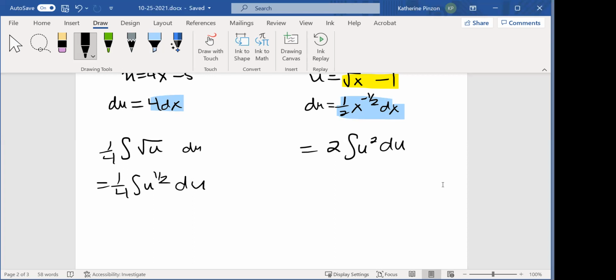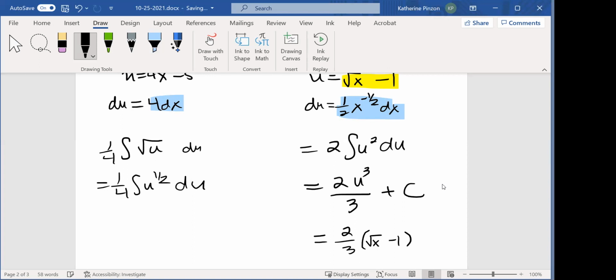The right-hand side is easy, right? Let's do that one first. Add 1 to the power makes it cubed divided by 3 plus c. I started with x's, so I should end with x's. Square root of x minus 1 cubed plus c.